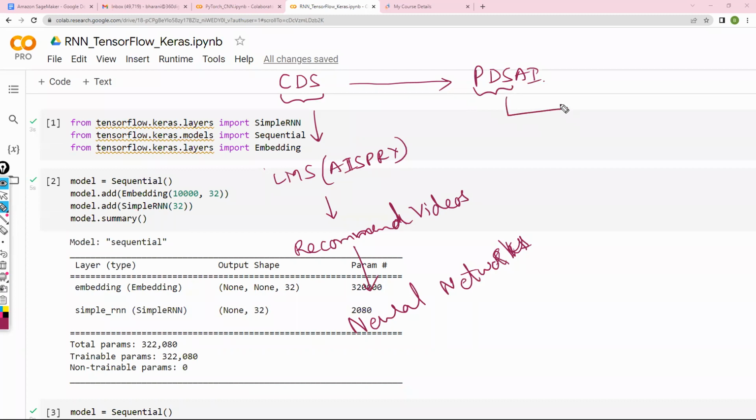Okay, and in this PDS program, you will understand about self-driving cars, how computer vision and neural networks have been used in that, pre-trained models, explainable AI, and when you have a small set of data, how do you deal with that?